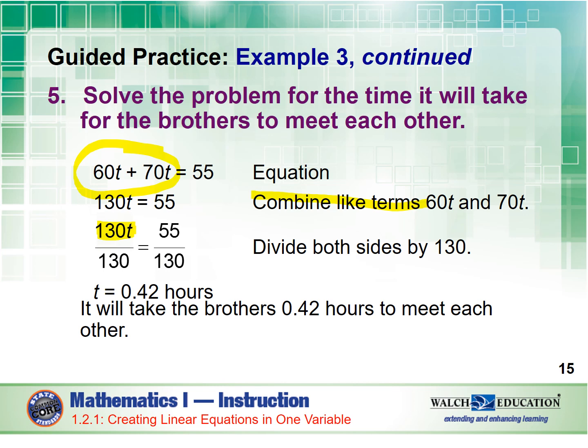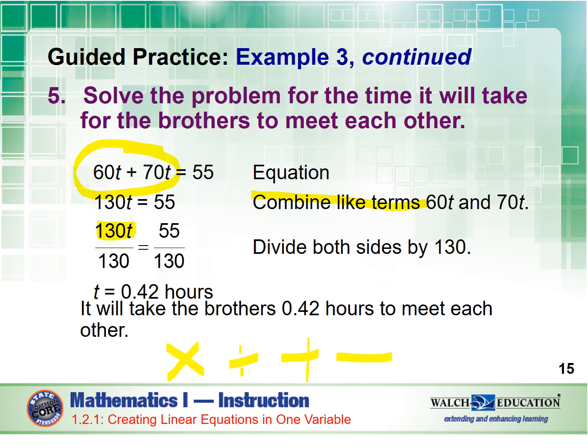in order to get that variable by itself, you have to do the opposite of whatever it is. When I say the opposite of whatever it is, it's going to be multiplication, division, addition, or subtraction. When you have a number squished up next to a letter without anything else, it's always multiplication.